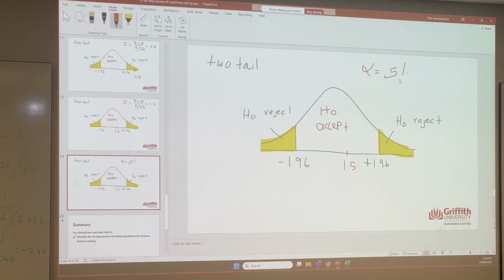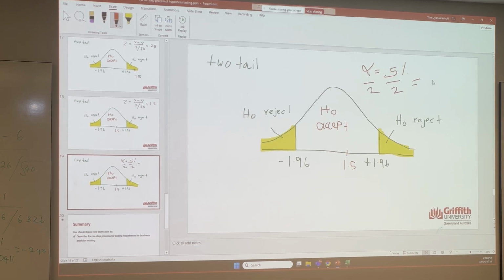If it is a two-tail test, you need to divide alpha by 2. So one side is 2.5%. So this is your critical value, minus 1.96 or plus 1.96.